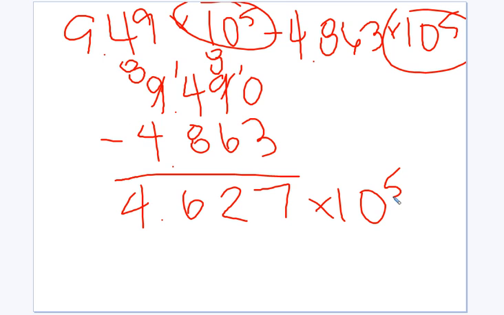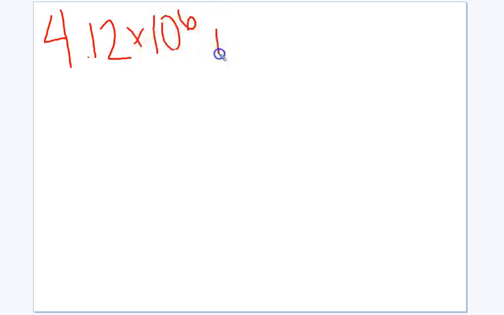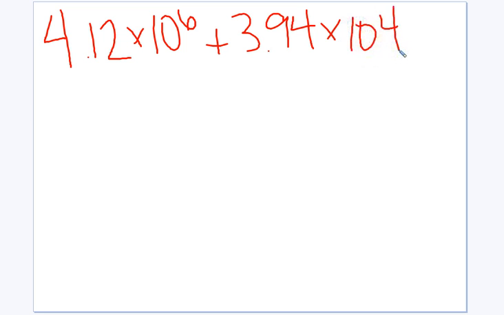Now, like I said, as long as the exponents are the same, we're good. It gets a little tricky if the exponents are not the same. So for example, if I had 4.12 times 10 to the 6th, and I wanted to add it to 3.94 times 10 to the 4th, I'd need to make it so that our exponents were the same.